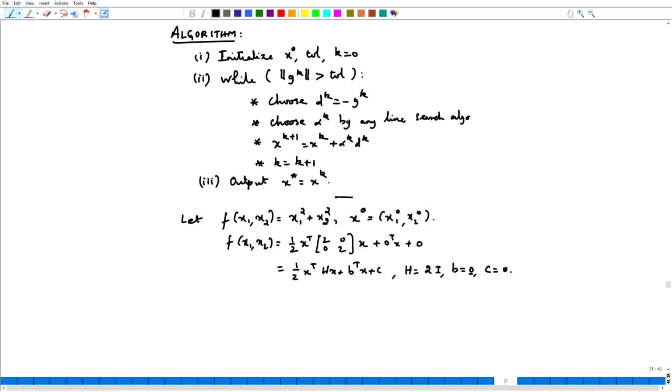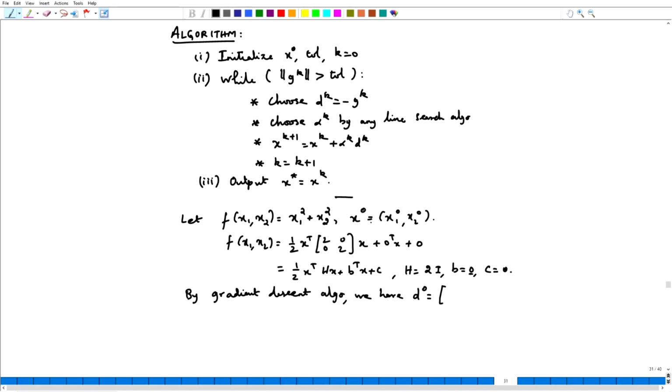But before that, we will start with x 0, and we will first choose d 0. By the gradient descent algorithm, the gradient is 2 x 1, 2 x 2.